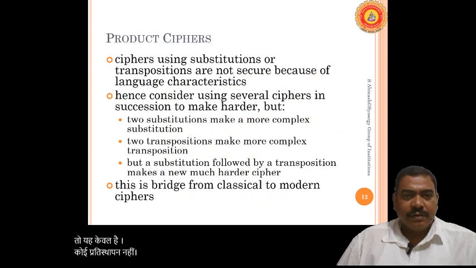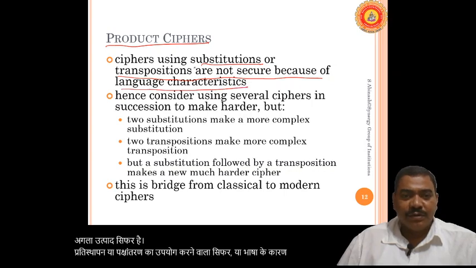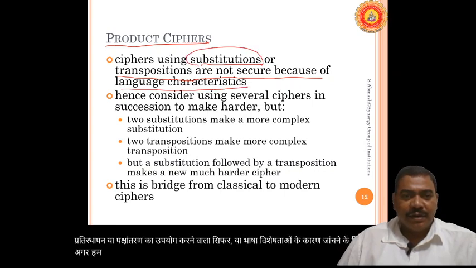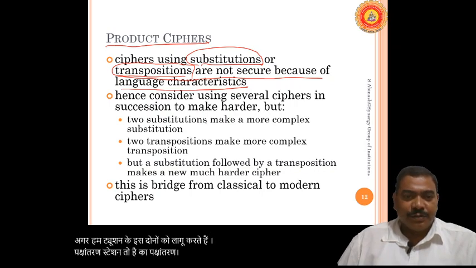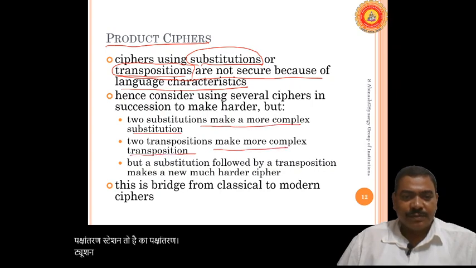So next is the product cipher. The product cipher uses substitutions or transpositions. If used alone they are not secure because of the language characteristics, but a product cipher applies both substitution as well as transposition. First substitution, then transposition, or first transposition, then substitution. Two substitutions make a more complex substitution. Two transpositions make a more complex transposition.